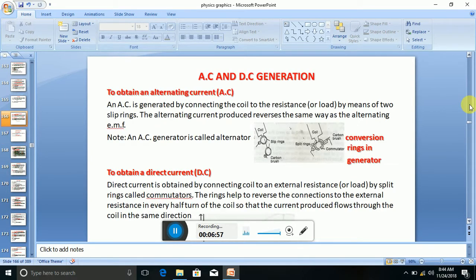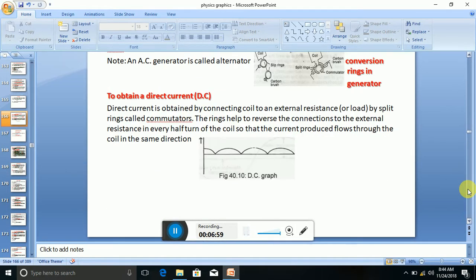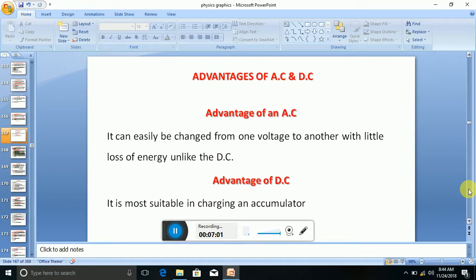Now we're going to be looking at the advantages of AC and DC. Let's take AC, or alternating current. It can easily be changed from one voltage to another with little loss of energy, unlike the DC. That is the advantage of AC. It is easy to change it from one voltage to the other.